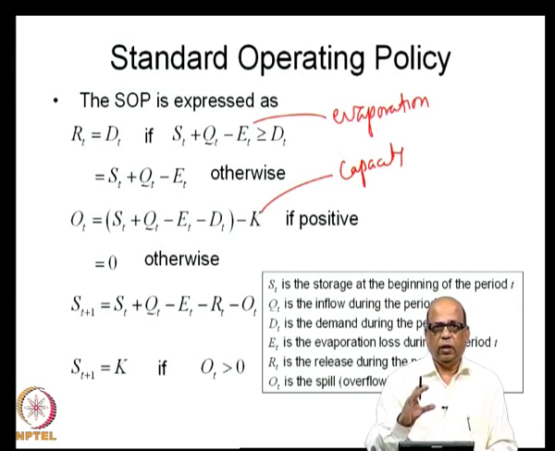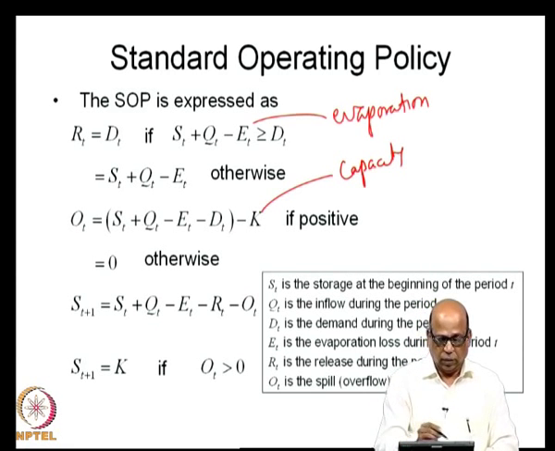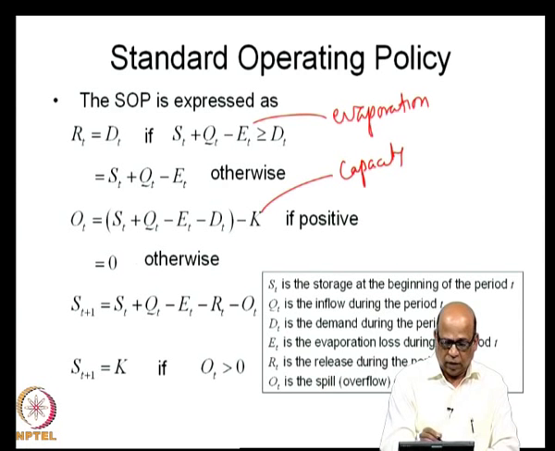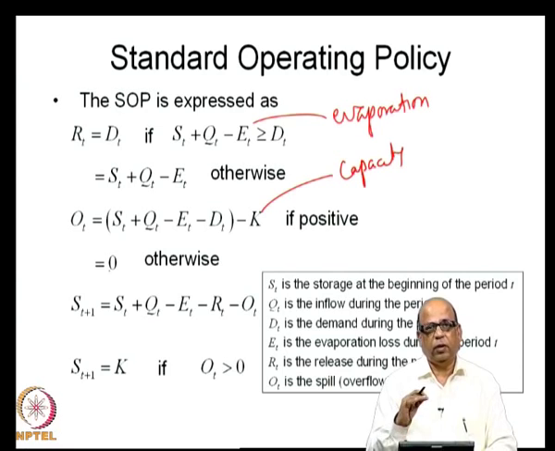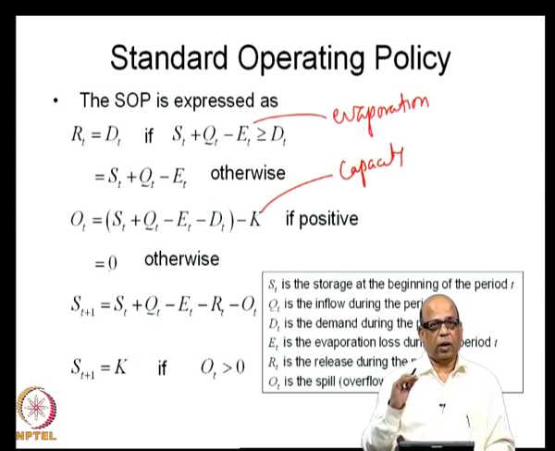So, what we are saying is simply that after the reservoir comes to the full level, after you meet the demand, whatever is excess, that goes as spill. So, that is the overflow, and then we obtain the storage. Then if this is negative, obviously this will be 0. That means there is no spill when the reservoir storage is lower than the reservoir capacity.